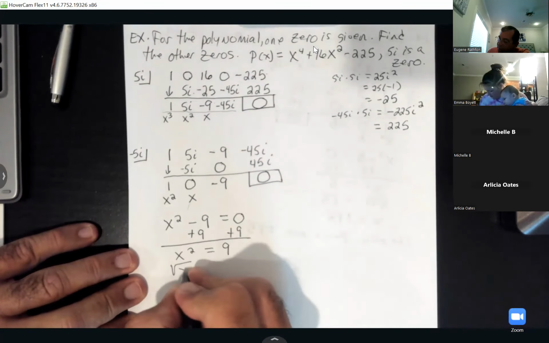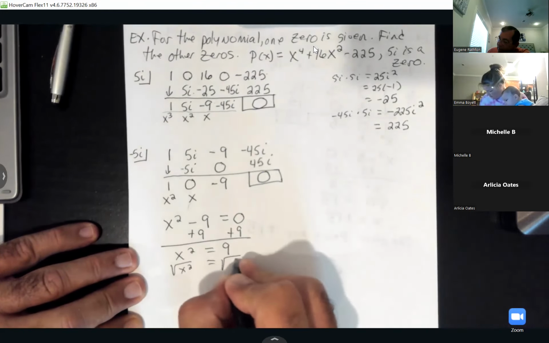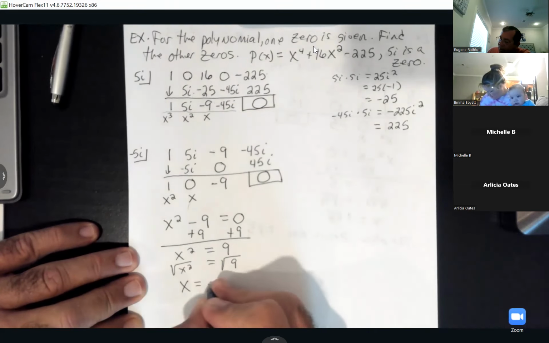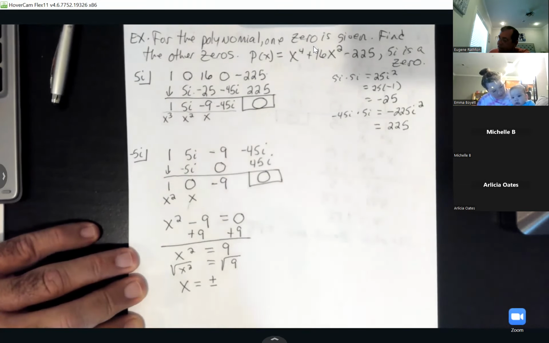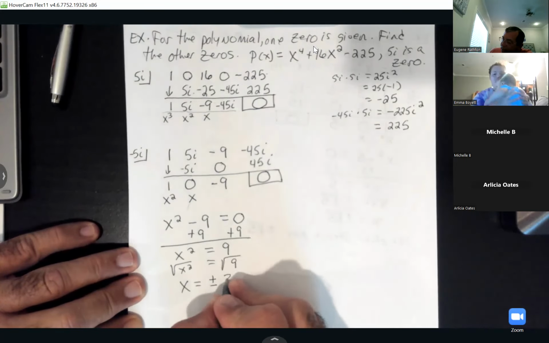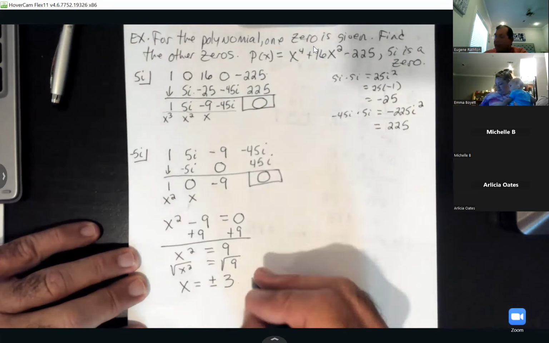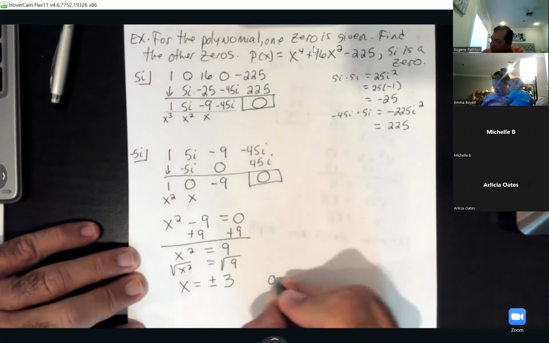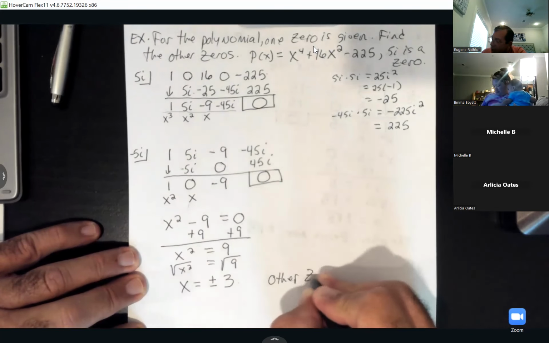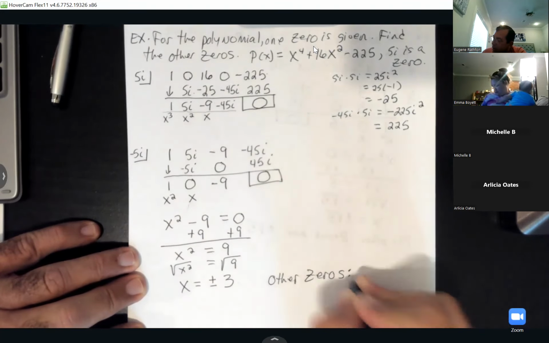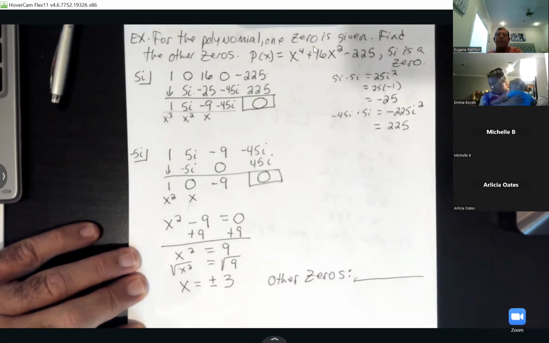Take square roots of both sides. So x will be what? A plus or minus. Oh, and we can actually bring this one out. Square root of 9 is a big 3. Now, here's what MathLab wants. MathLab wants the other zeros.